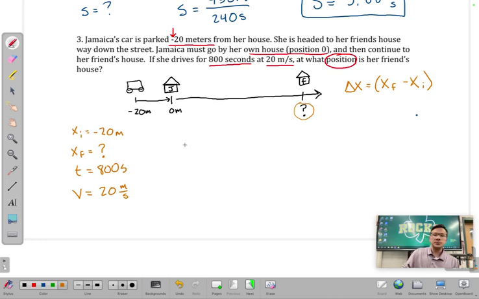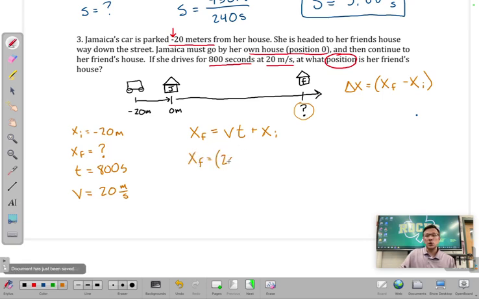Okay, so the equation that works best for this is already rearranged for final position, and it turns out it's that same equation that we pulled off of the position versus time graph when we did our buggy lab and our chase lab. Okay, so we have the final position of Jamaica is going to be equal to her speed multiplied by her time plus her initial position. So now we can go ahead and plug numbers in here.